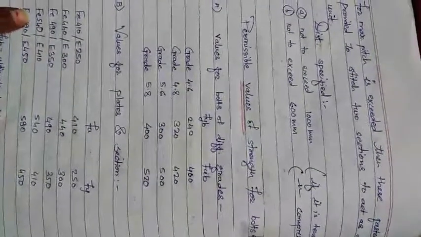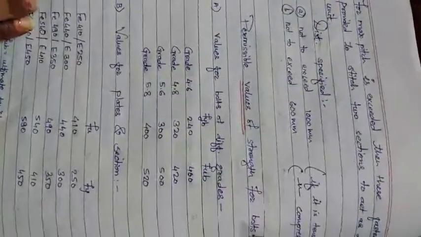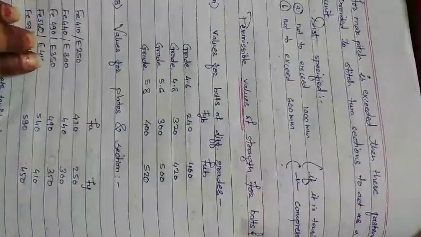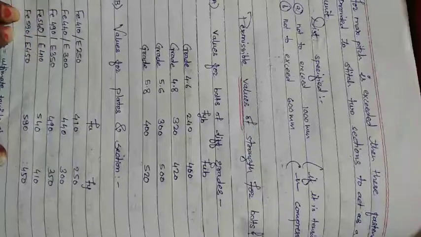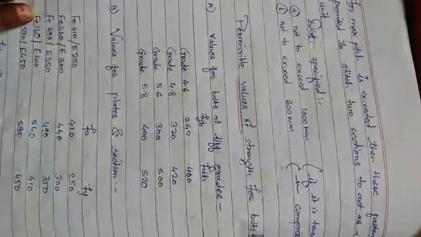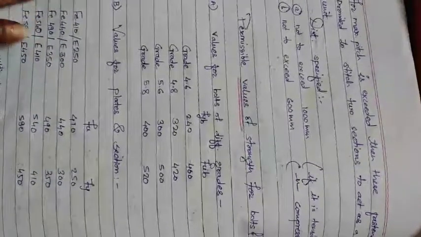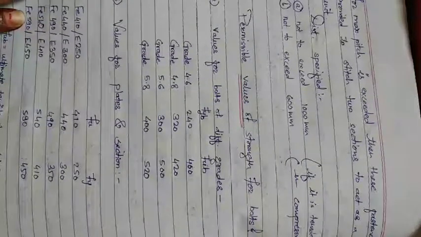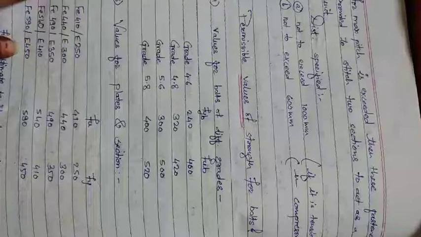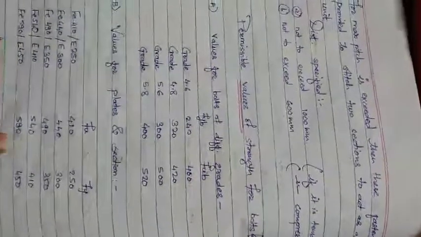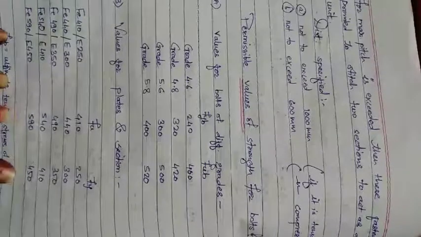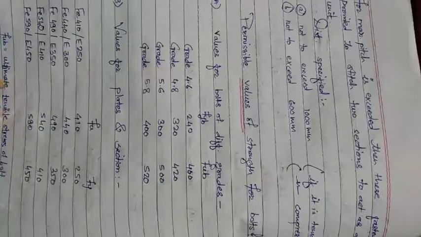If your grade of plate is FE540, its yield stress is E410. The grade of the plate indicates the ultimate stress of the plate, and the E value indicates the yield stress. And the last grade of the plate is FE590. Its yield stress is E450. So FU value is 590 Newton per mm square and FY value is 450 Newton per mm square.